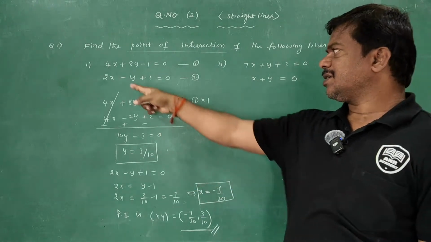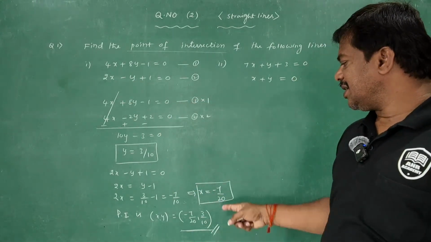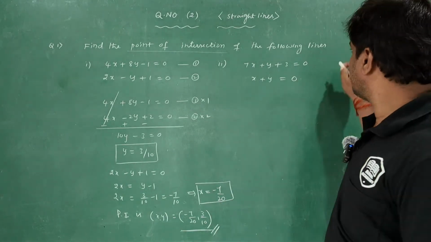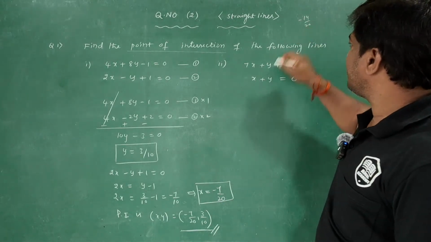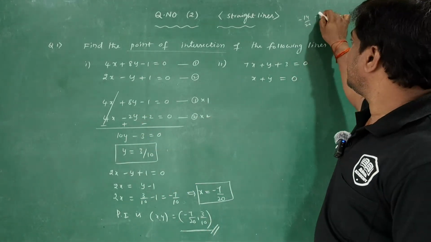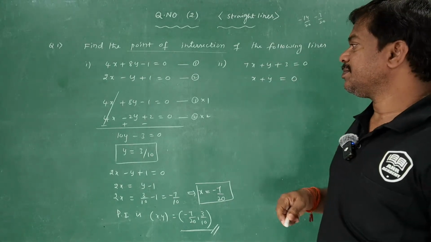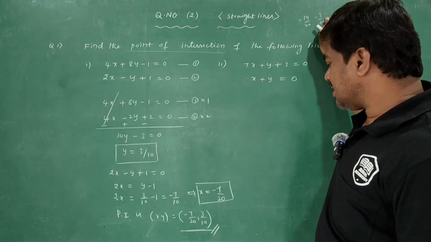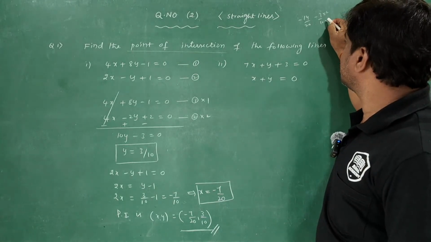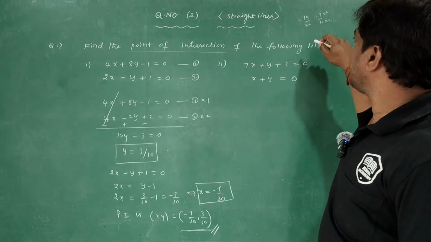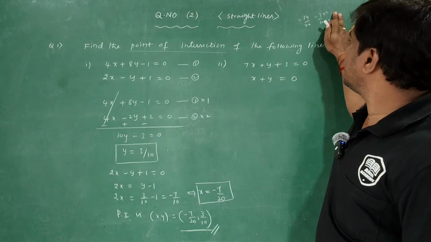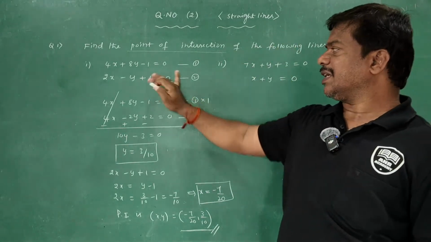Let me cross check. This is 2 into x, nothing but minus 14 divided by 20. Next, minus 14 divided by 20, and here if you write minus y, that is minus 3 by 10, if you multiply with 2, you will get minus 20 by 20, so that minus 1 and plus 1 gets cancelled, it is 0.